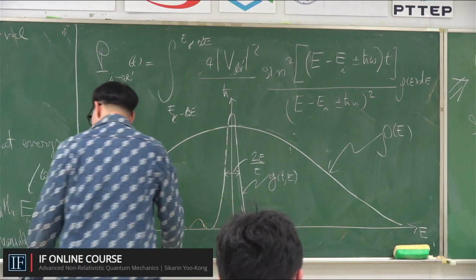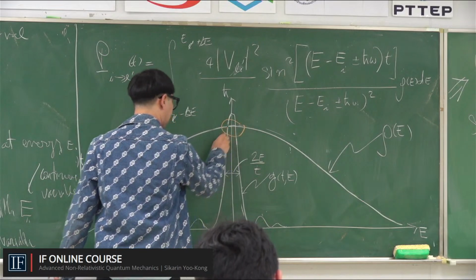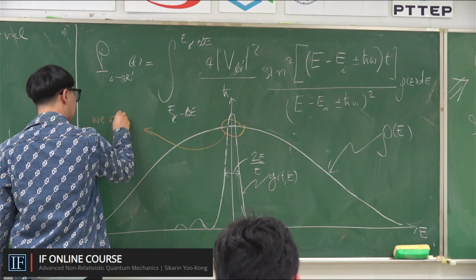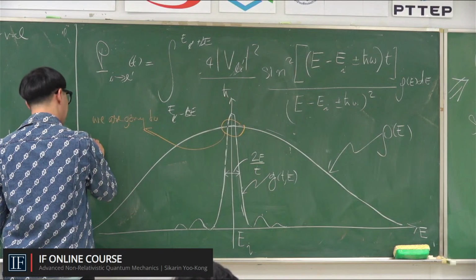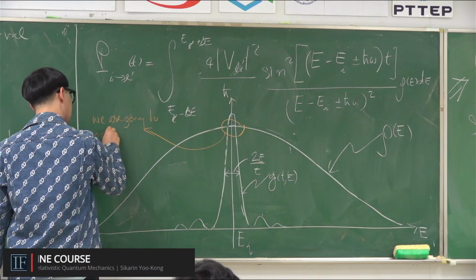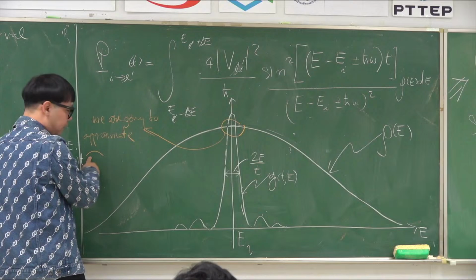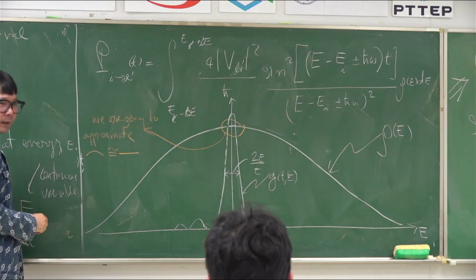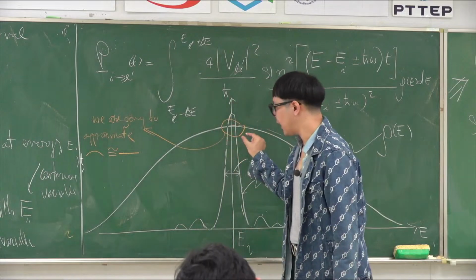So at this point, we are going to approximate that the curve here can be traced as a line, if it's small enough.